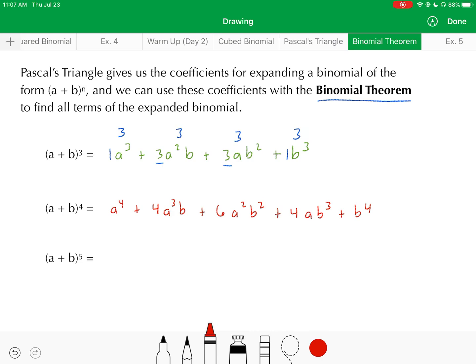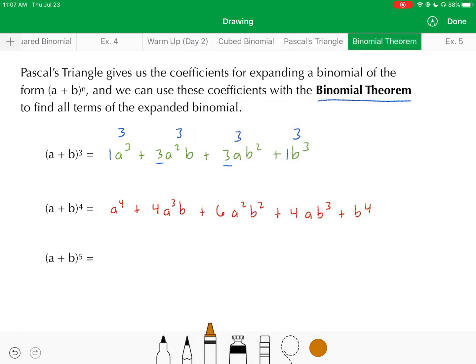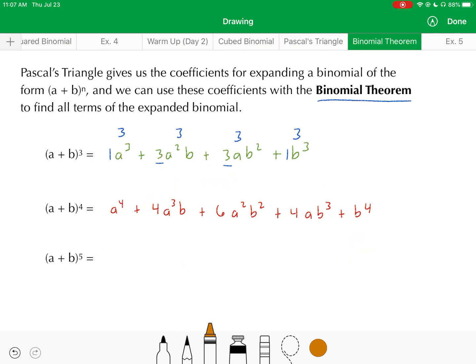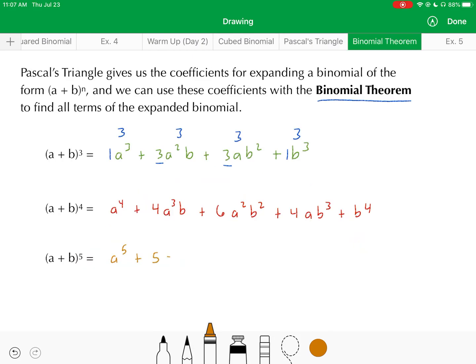Now let's apply the pattern to a plus b to the fifth power. Go to Pascal's triangle, and you would need this row right here where n equals 5. Again, the first coefficient is going to be 1, 1a to the fifth, plus your next coefficient would be 5, 5a to the fourth b.